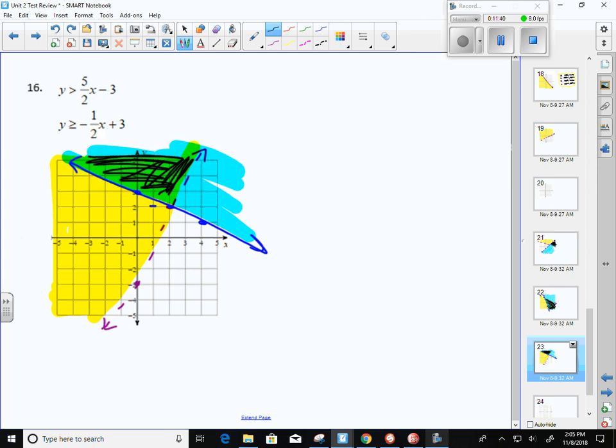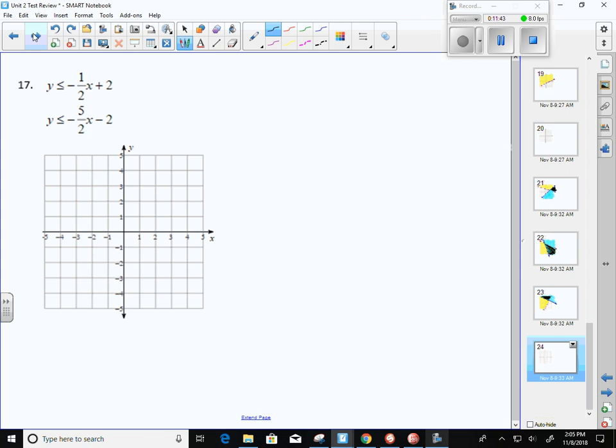All right, one more. Top one is y-intercept of 2, down 1, right 2, solid line. Less than is below, so we shade all of this. Second inequality, y-intercept of -2, down 5, you can't do that, so we'll go up 5, 1, 2, 3, 4, 5, and left 2.